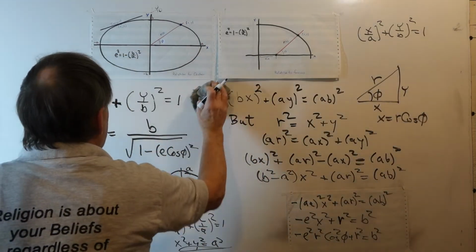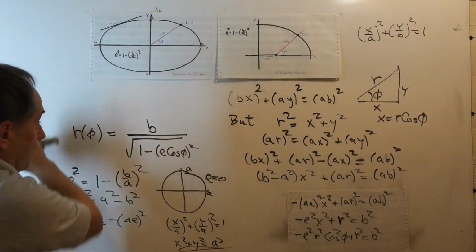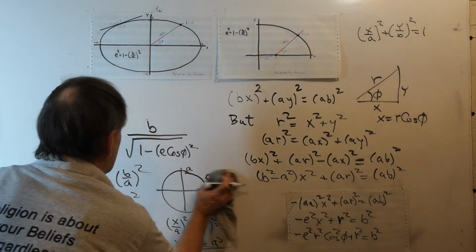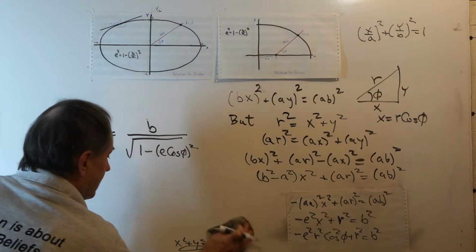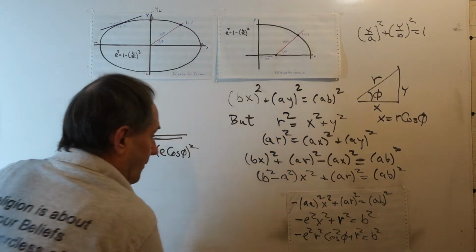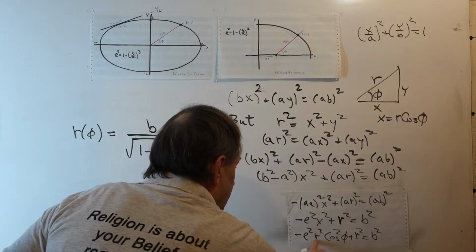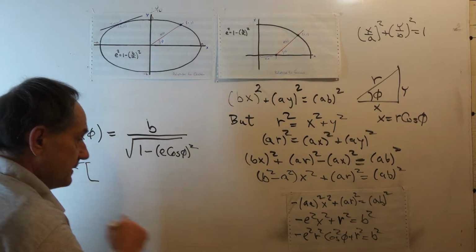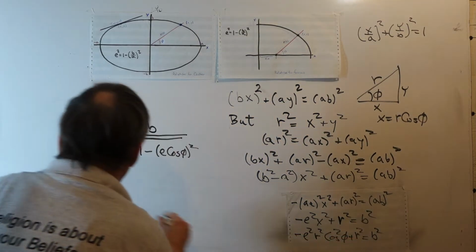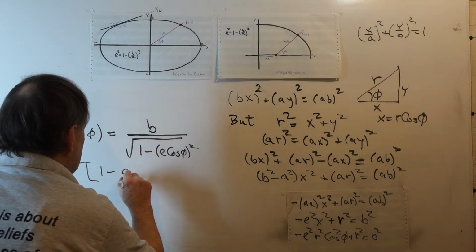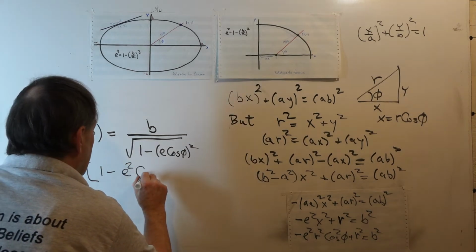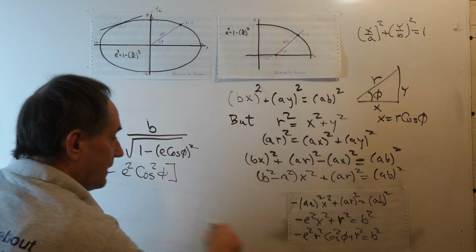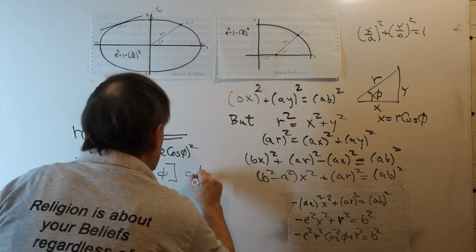And what we're looking for is to derive this equation. We're almost there. If we combine the r squareds, we have r squared times 1 minus e squared cosine squared phi is equal to b squared.